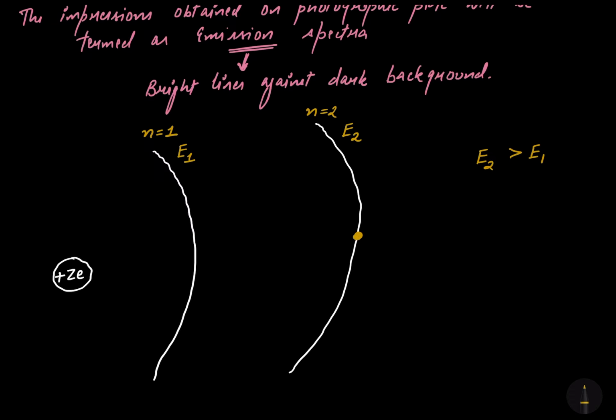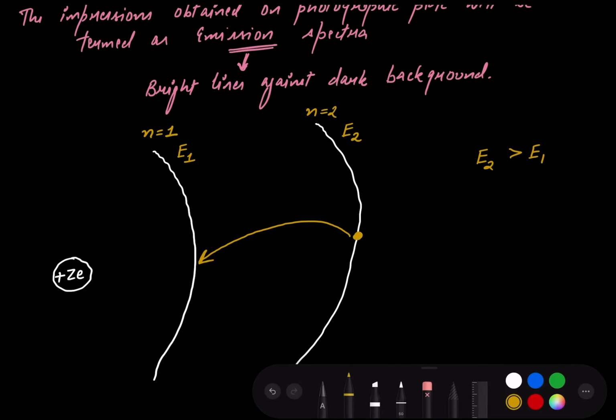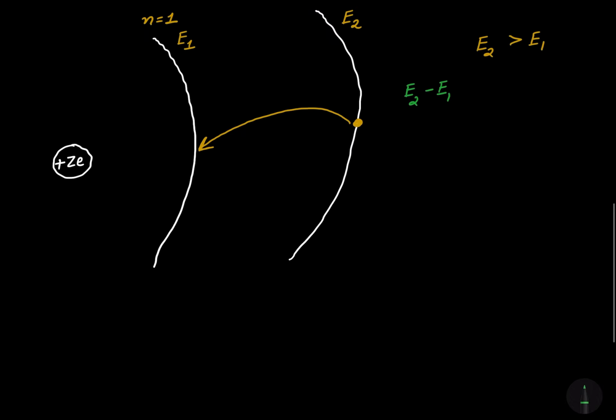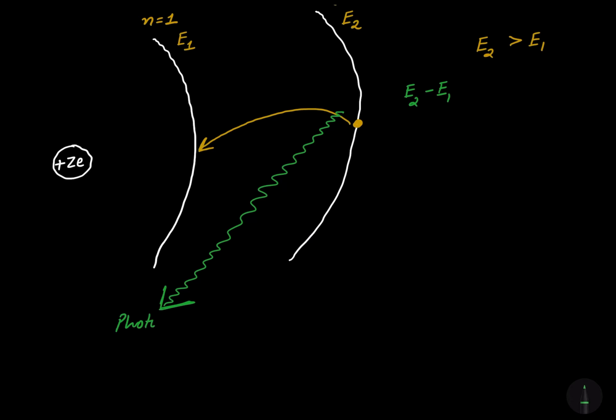Whenever an electron makes a transition from a higher stationary state to a lower stationary state, like this transition from the second stationary state to the first stationary state, the energy difference E2 minus E1 will be emitted in the form of a photon by the electron.